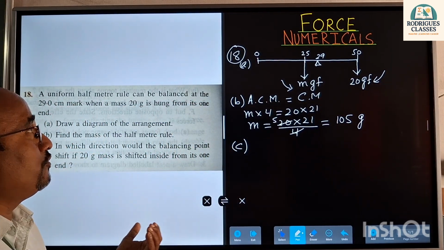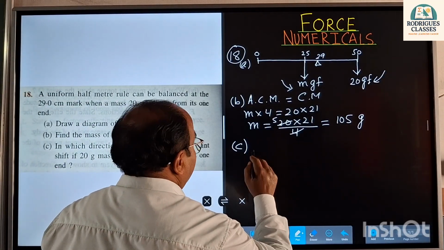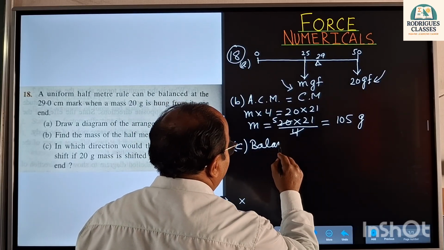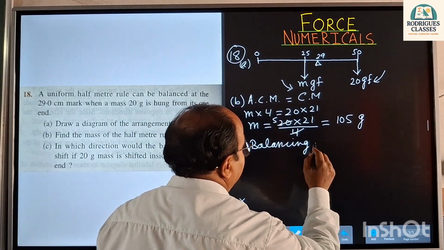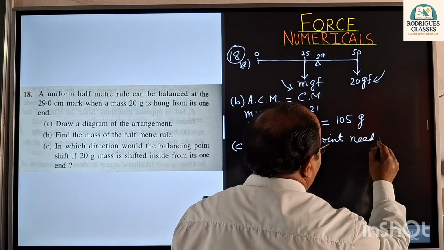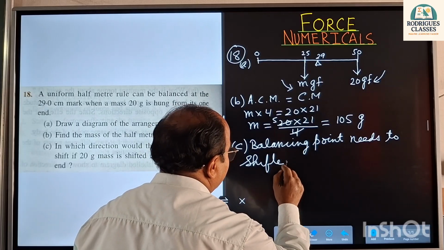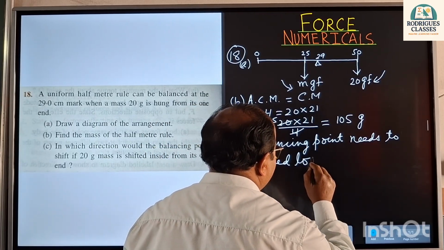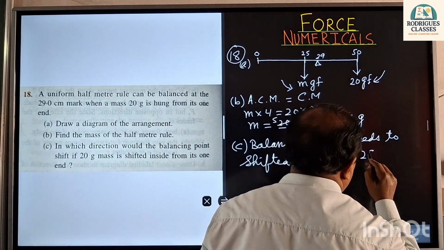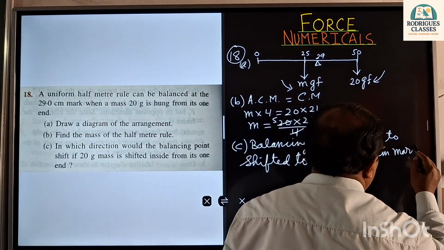So it has to be moved towards 25 centimeters. So we will write: balancing point needs to be shifted towards 25 centimeter mark.